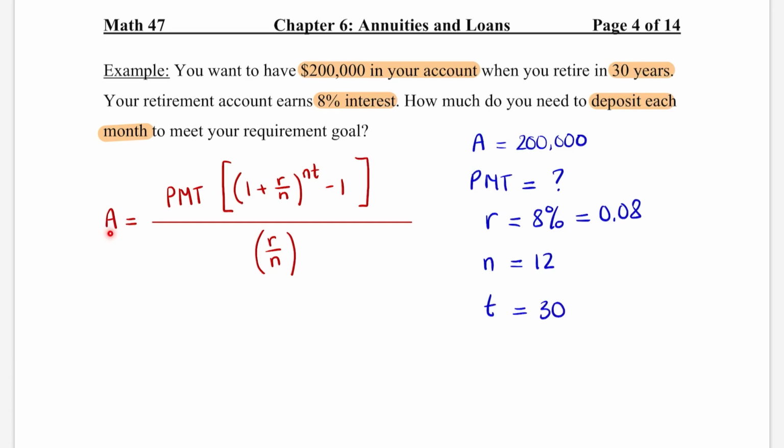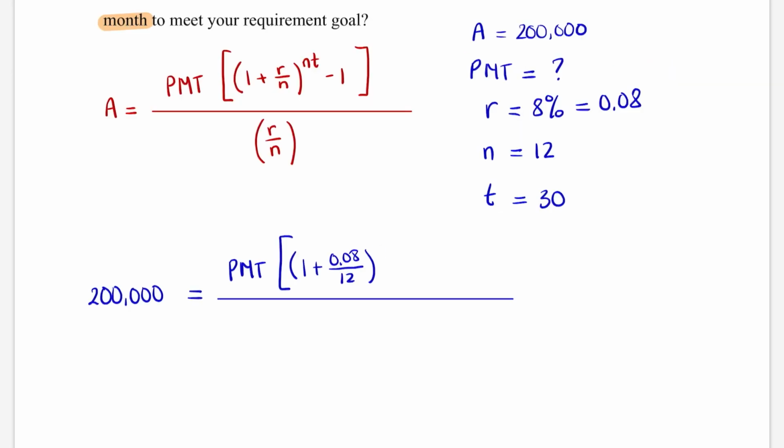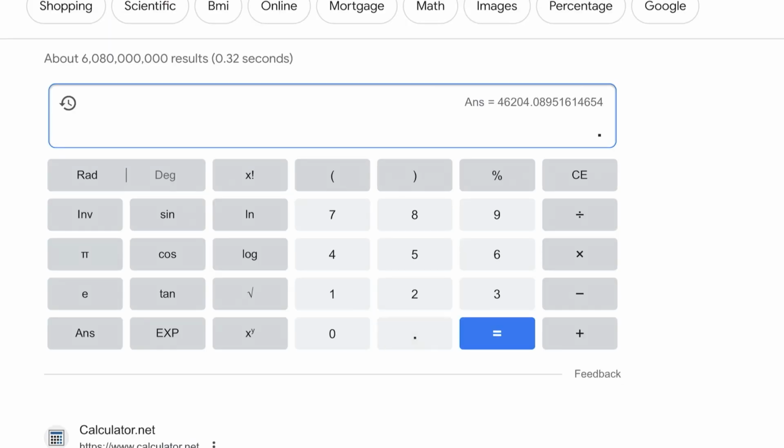So I am substituting A with 200,000, R with 0.08, N with 12, and T with 30. Next, I will need to take 0.08 divided by 12, 0.08 divided by 12, and also 12 times 30. 0.08 divided by 12, I have 0.0066666666. This digit 6 will continue forever.